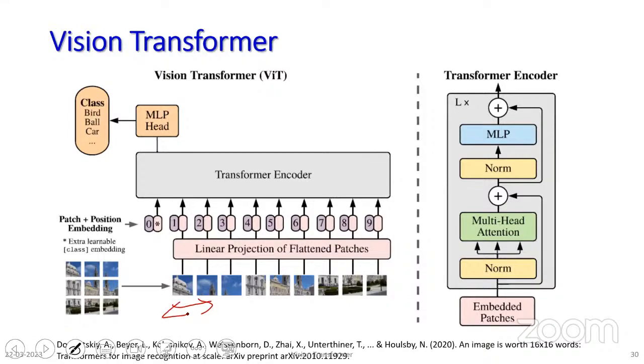And linearly projected. Now this linear projection is again a learnable linear projection. It can be simply flattening, or it can be a learnable linear projection of flattened patches. So first we flatten the patch. If it is 2 cross 2, we make it 4 cross 1. And then we apply a linear projection.